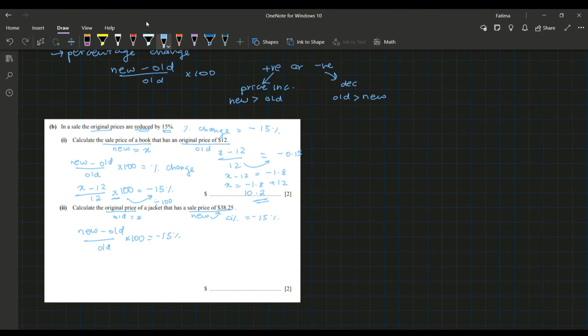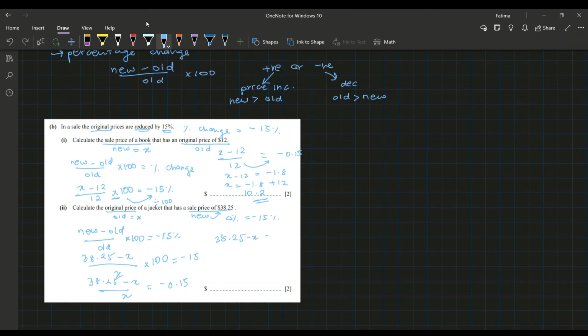So the new price over here is 38.25 minus the old price, which is x, upon the old price, which is x, into 100 is equal to negative 15. So that's 38.25 minus x upon x is equal to negative 0.15. So you solve for x as usual.